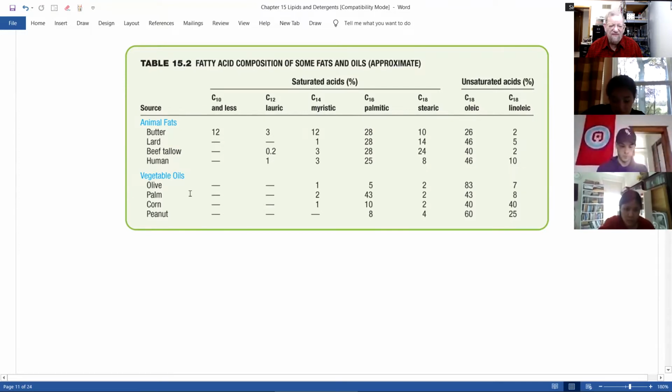But if you look at the vegetable oils, which are liquid at room temperature, where these are solid or semi-solid, you have a lot less of the saturated and more of the unsaturated. If you notice olive oil, combine these two numbers, almost 90%, and corn oil, 80, peanut oil, 85. The more unsaturation, the more liquid it is at room temperature.